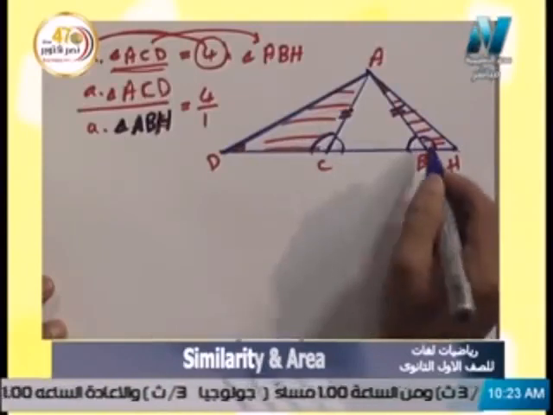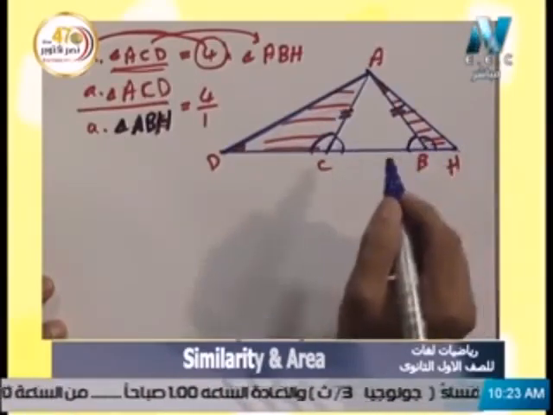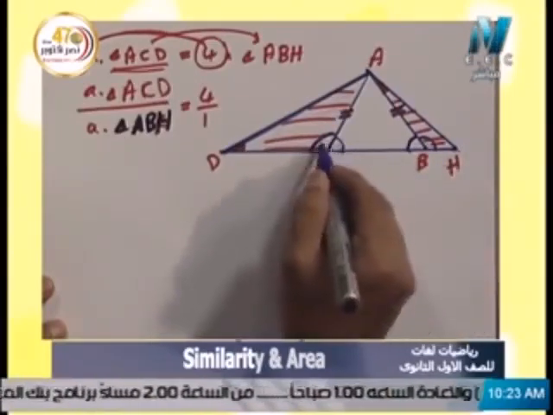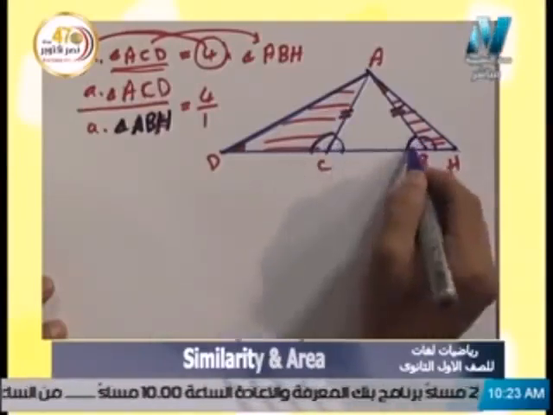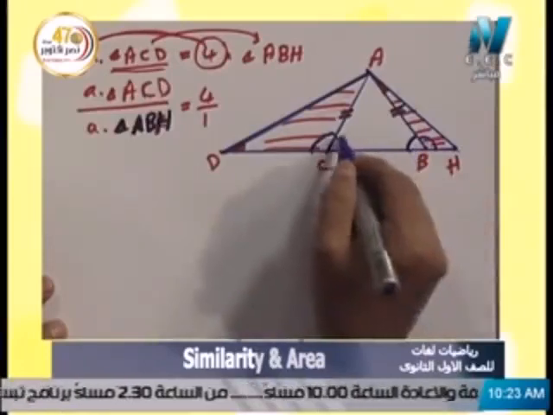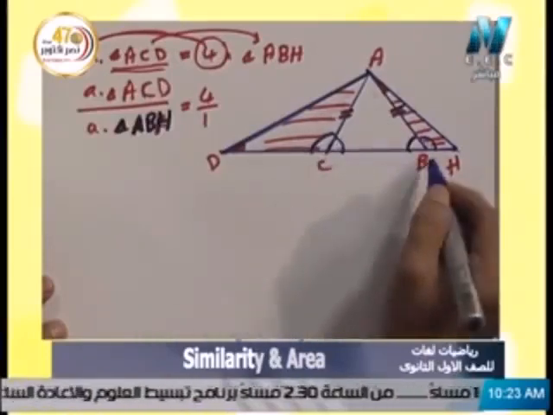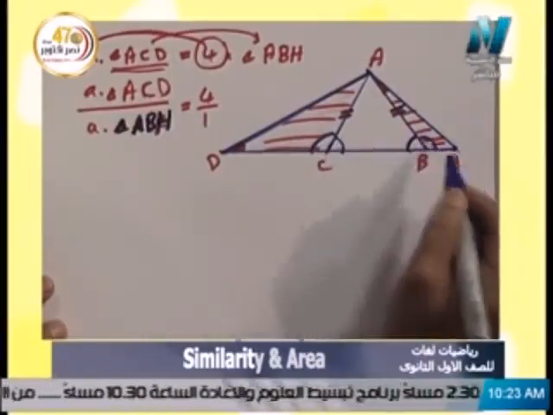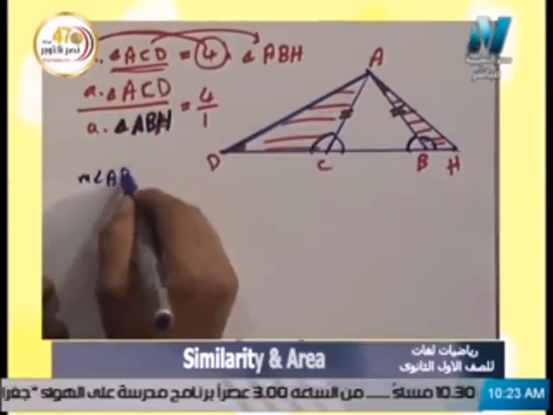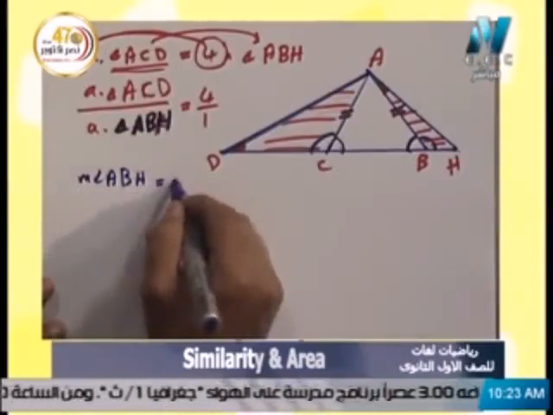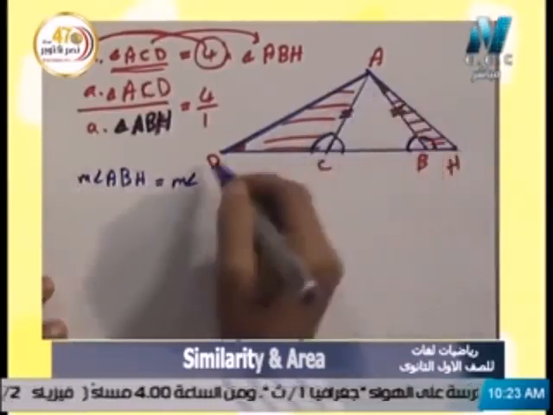Because the sum of these two angles is 180, and the sum of these two angles also equals 180. So when measure angle ABC equals measure angle ACB, then we can deduce that measure angle ABH equals measure angle ACD.